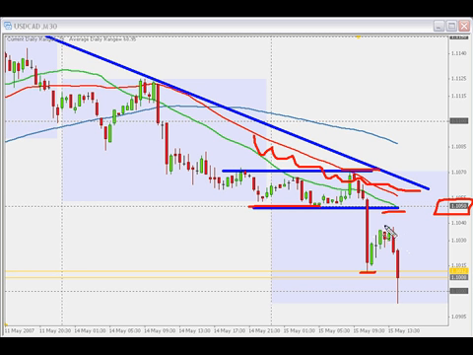There was the 61 Fibonacci around there as well, and the round number 110.50. Instead of that, we fell about 12 pips shy. The retracement didn't quite get all the way up there. It bounced off the 38 Fibonacci and shot down for about 45 pips, something like that. Quite a shame. It was a nice setup.